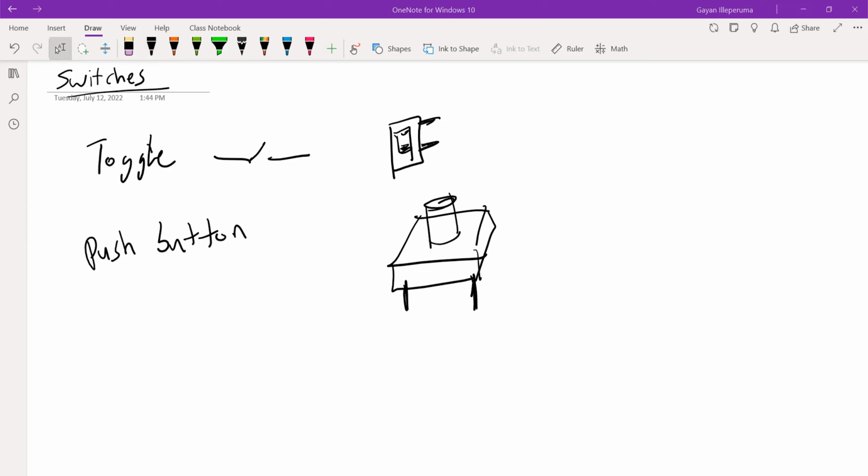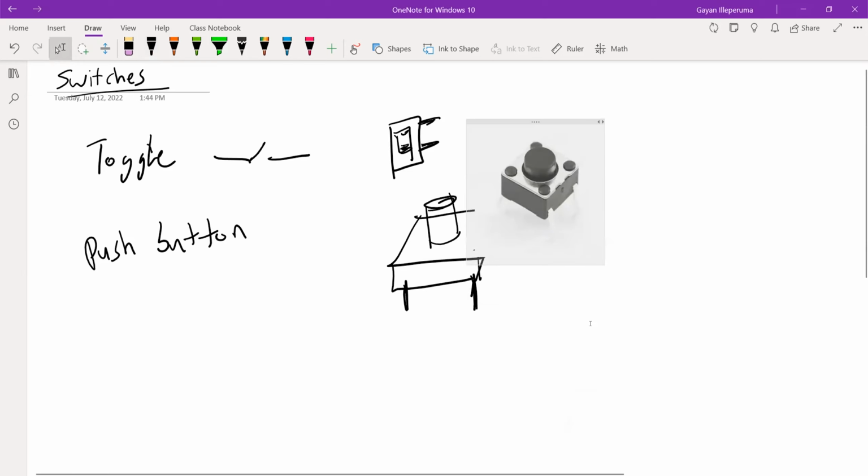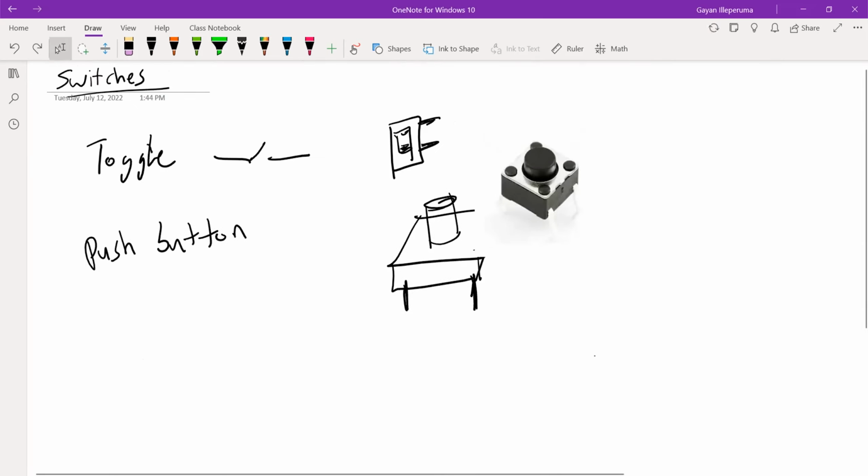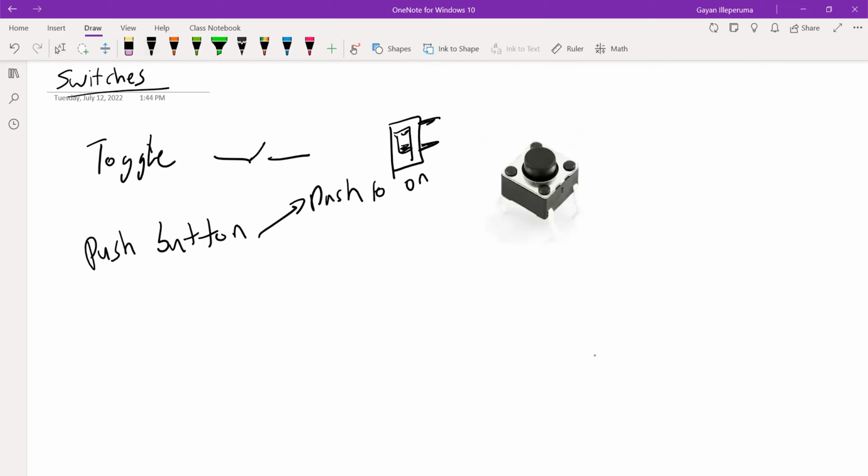Now push buttons come in two different varieties. We found an image, so this is what a push button looks like. One is called push to on, and the other type is called push to off. So what does that mean?